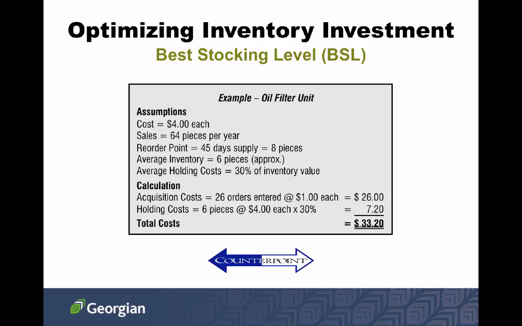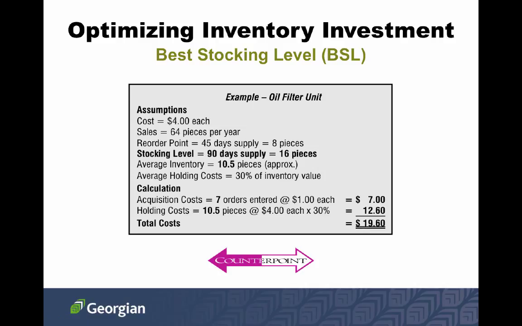Now, $19.60, we were previously at $13.20, and we've reduced that now to $19.60. In other words, the savings in acquisition costs from 26 orders annually to 7 annually by far outweighed the proportionally smaller increase in the holding cost for an overall cost reduction. And we'll see that illustrated later when we look at EOQ quantities by price range.